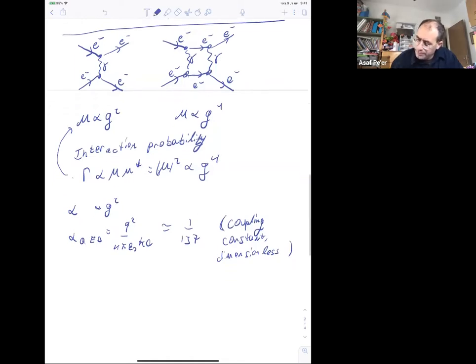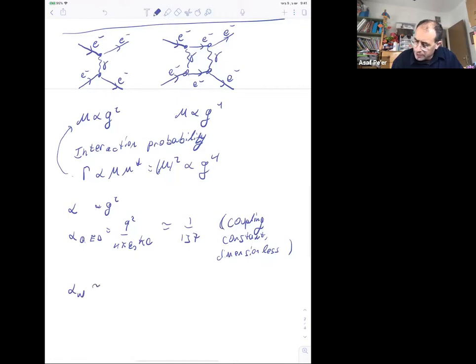Alpha weak is about 1 over... But since in the weak interaction we have to produce massive particles, gauge bosons, the W plus minus or the Z, and they are very massive, the mass is of the order of 90 GeV, then the probabilities decrease also according to the mass, of course. So it is going to be very weak.